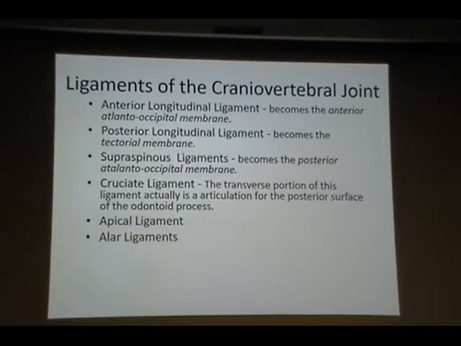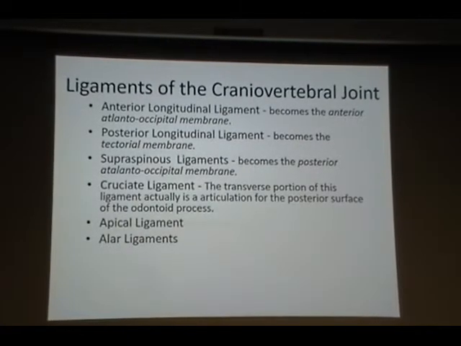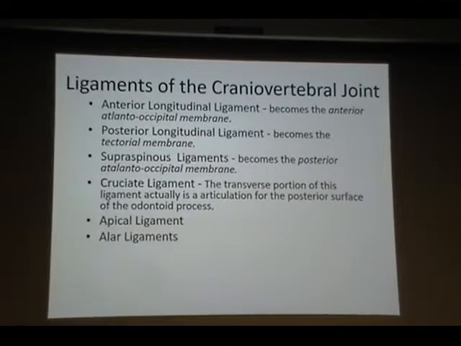On the inside of the bodies of the vertebrae, or inside the front of the vertebral canal, is another ligament that comes from the inside of the sacrum, the sacral canal, and ascends all the way up, basically parallel to this ligament. And as it comes up to the very first vertebrae, it actually comes across the back of the odontoid process and ascends into the cranial vault, and basically creates a roof over the odontoid process and attaches to the inside of the occipital bone in the front part of the foramen magnum.